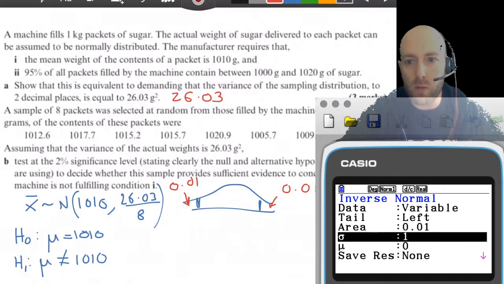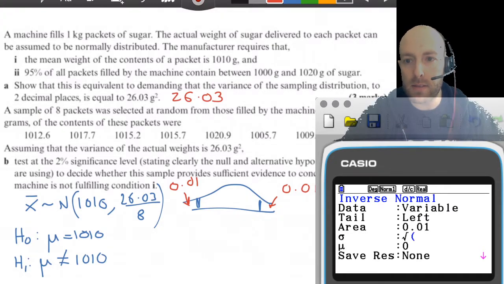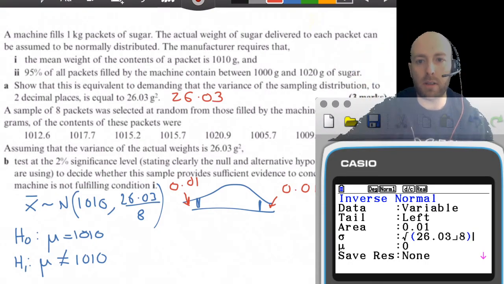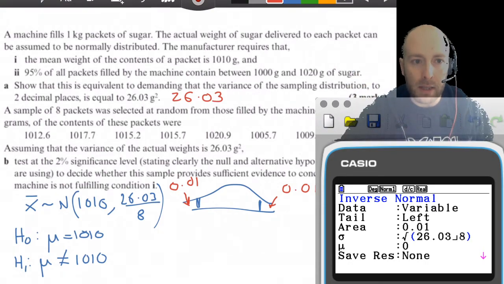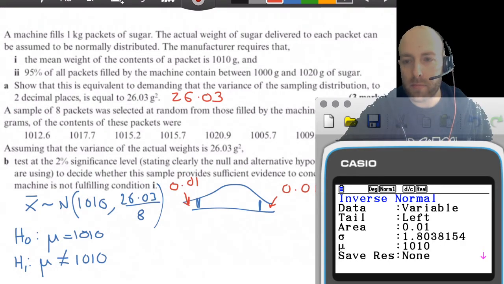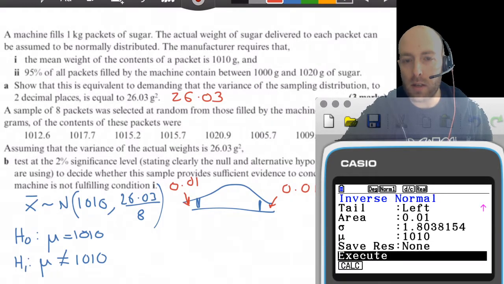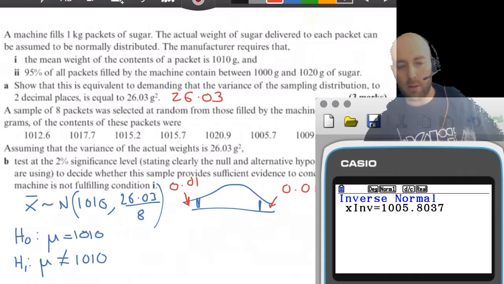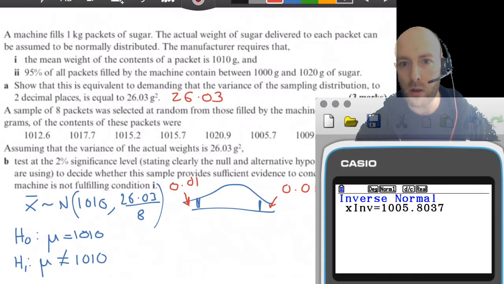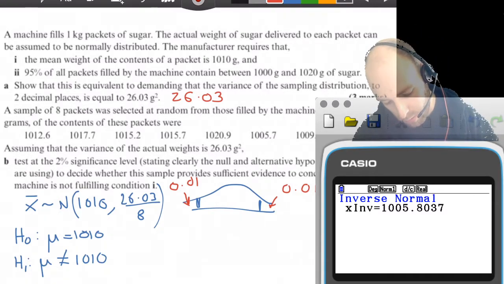Sigma is square root of 26.03 divided by 8. You'd square root all of that because it was the variance over 8 that we had. And then the mean is 1010. So if we execute that, we get our critical region for the lower tail is 1005.8.